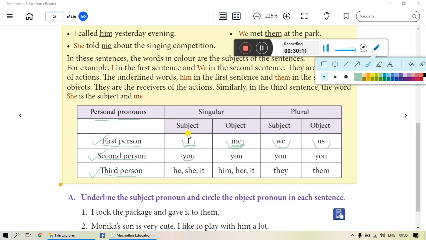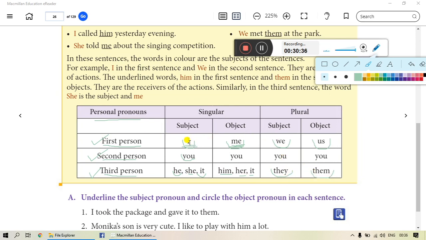In the third person, if you're talking about only one person like Preeti, you'll say she, or any other one person, boy, he, or non-living thing, it, or him, her, it. Then if you're talking about more than one person, you'll say they or them.